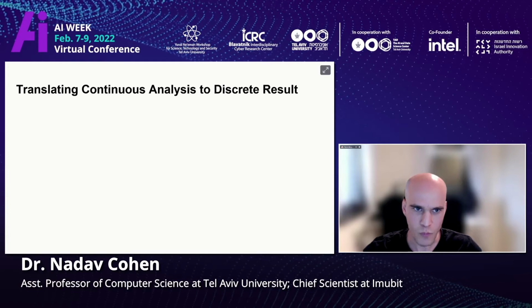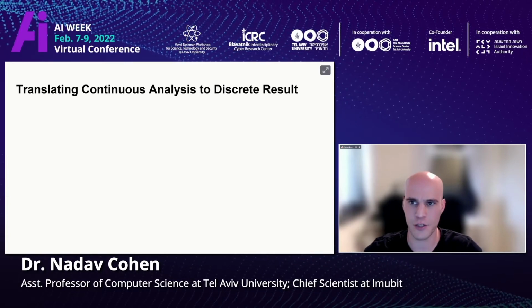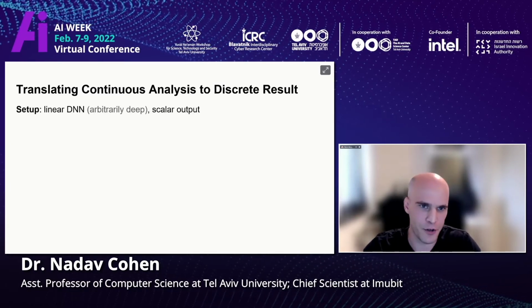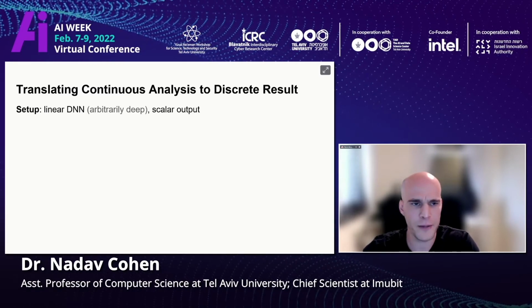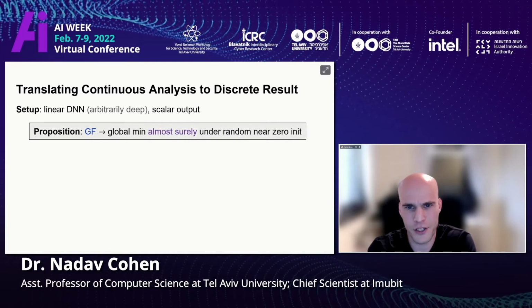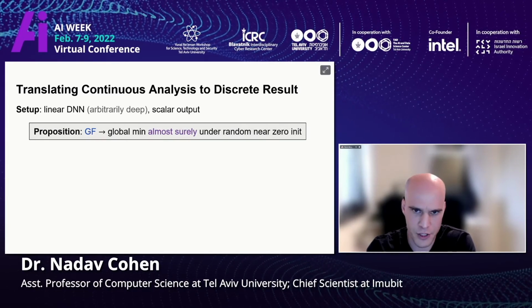And so to demonstrate this, we show how a continuous analysis can be translated to a discrete result. We look at the setting of a linear deep neural network, could be arbitrarily deep, has a scalar output, and we analyze gradient flow over this model, and we show that it converges to global minimum almost surely under random near 0 initialization.